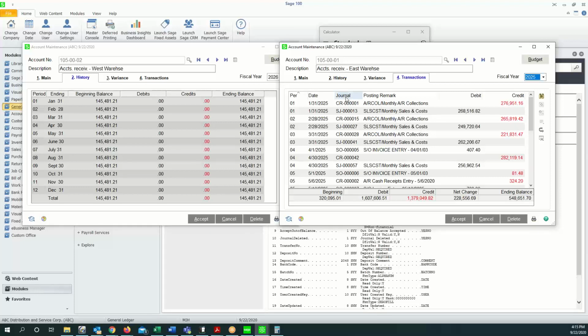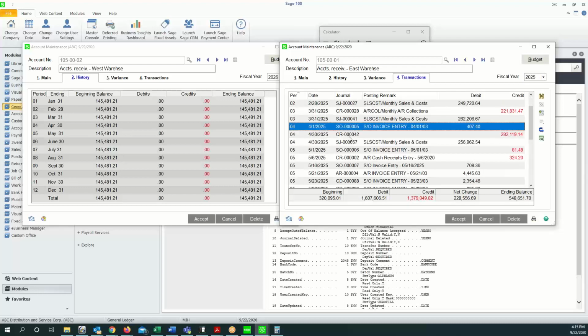The way I confirm that is I look at the source journals and I can see CR. That's a cash receipts journal. That's perfectly appropriate to land in the accounts receivable account. I might see an SO journal. Again, that is a perfectly reasonable account that should show up.